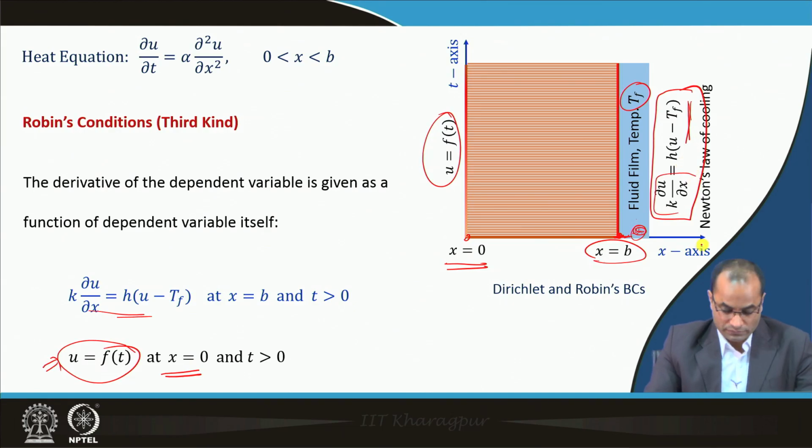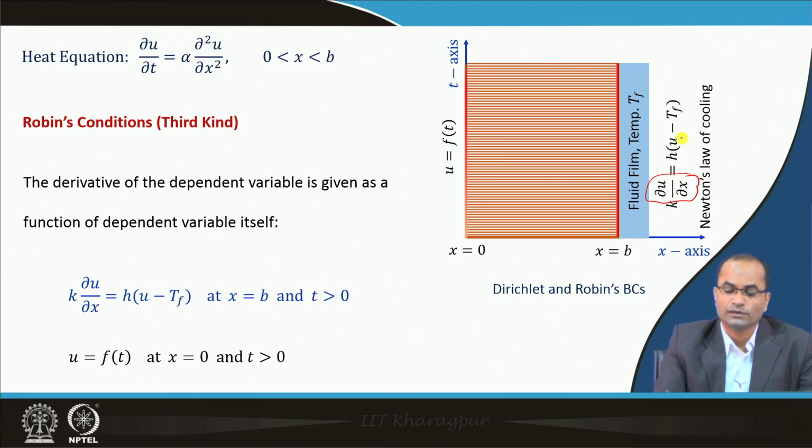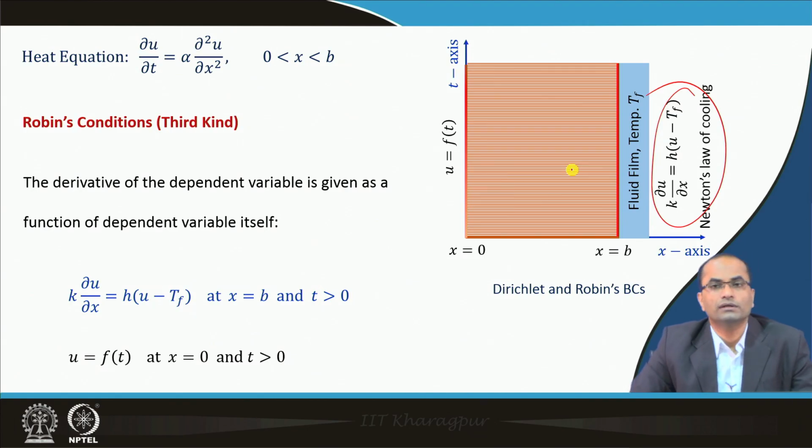This is the very popular Newton's law of cooling, that this del u over del x, this rate of change, will vary depending on the difference of the temperature between u and T f. Such boundary conditions often appear in applications, and these are called Robin's boundary conditions.